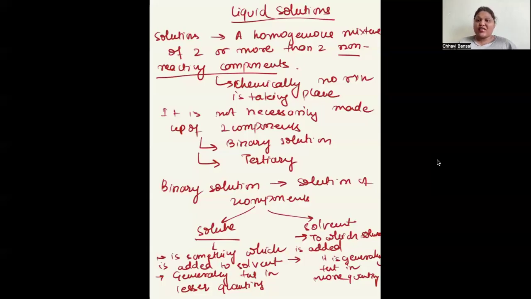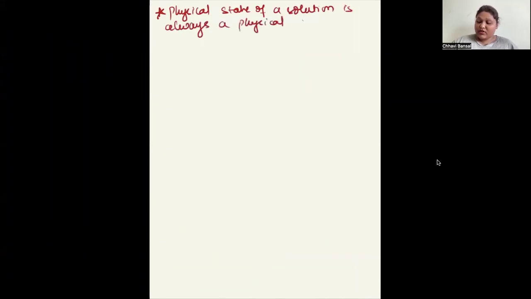But that's wrong. There is a very important point which we have missed to define which is solute and which is solvent. Always remember, the physical state of a solution is always the physical state of its solvent.